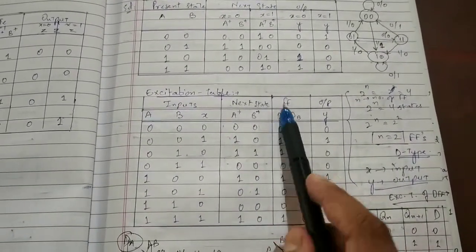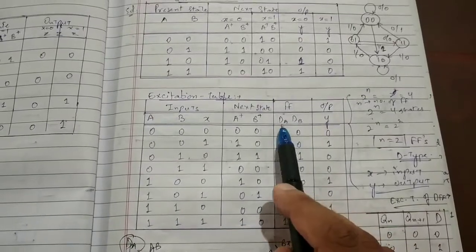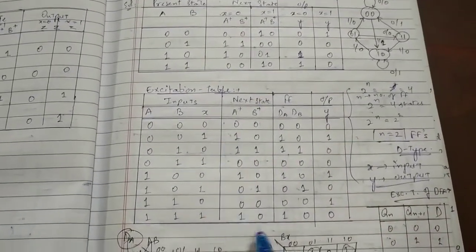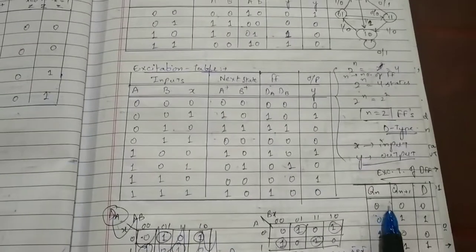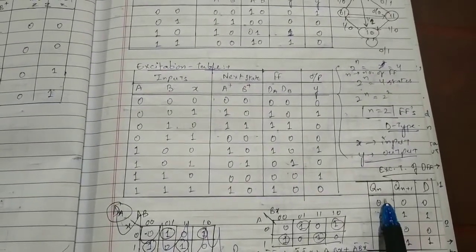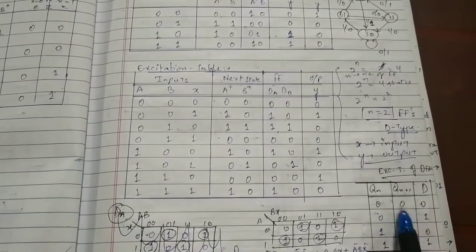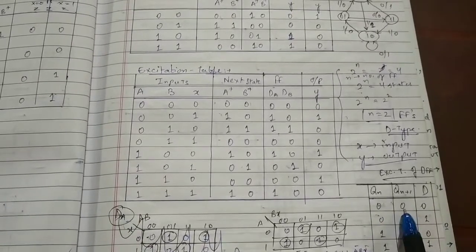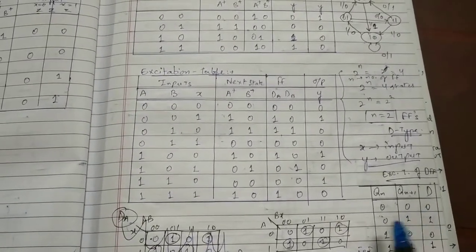For the flip-flop inputs DA and DB, as we know, the D flip-flop excitation table says that for initial state 0 and next state 0, the D input is 0.